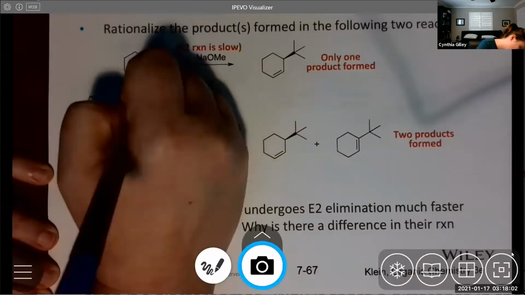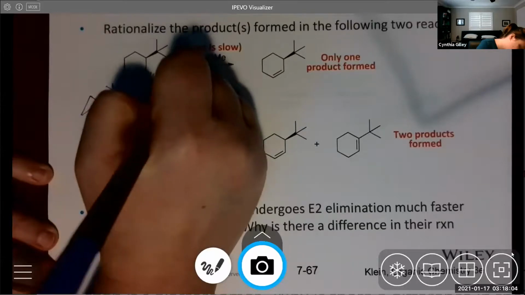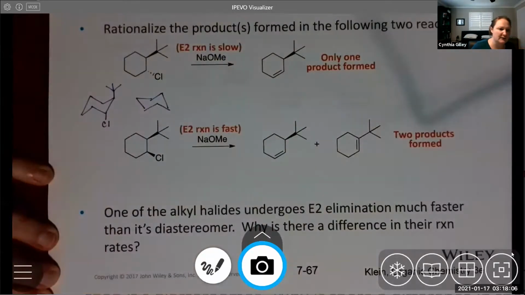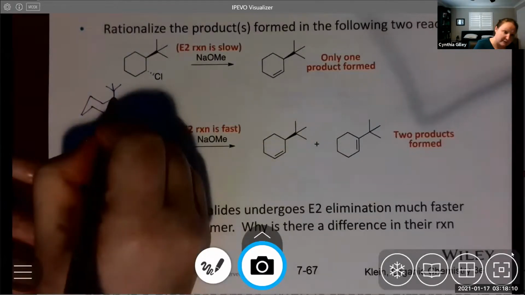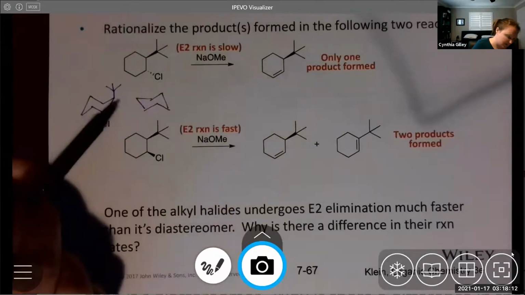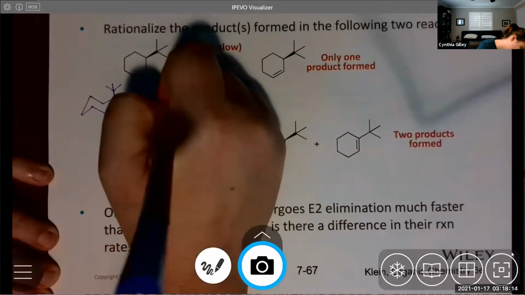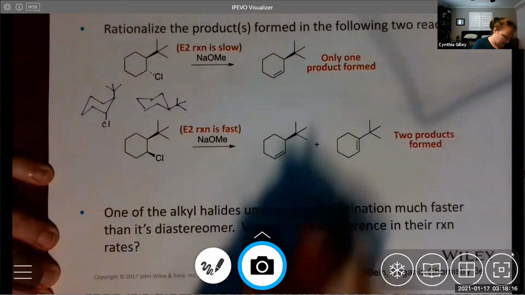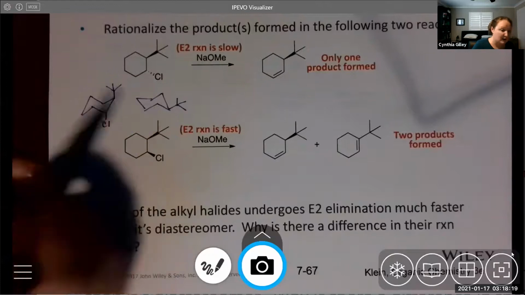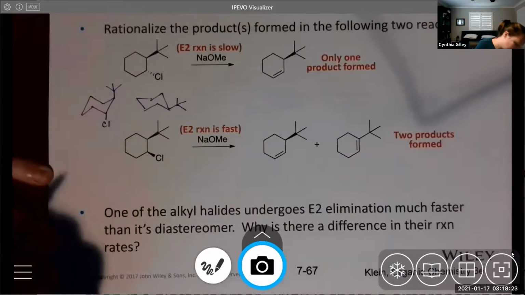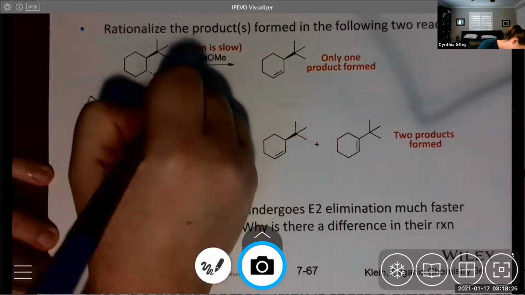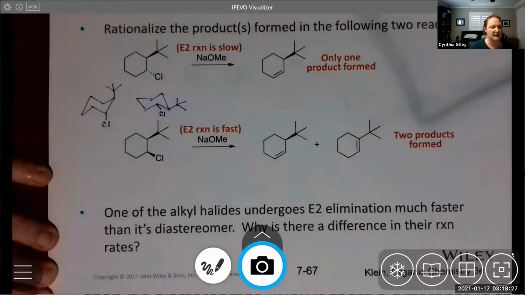We draw that one out and sketch the other chair in as best you can. When we flip this, remember that this carbon flips down, so it's going to be up equatorial. And then this carbon is going to be this one now, and since we were down in axial, we'll be down in equatorial.